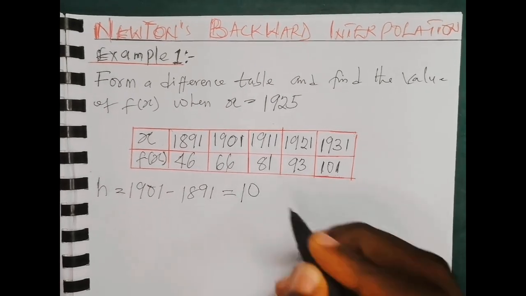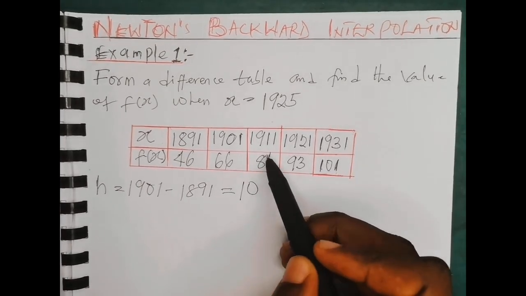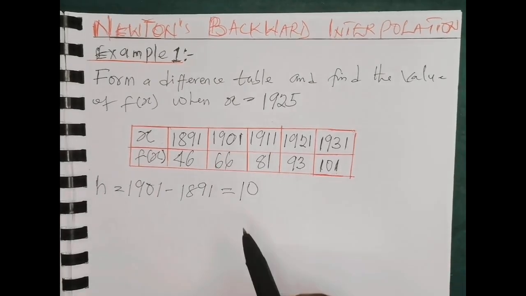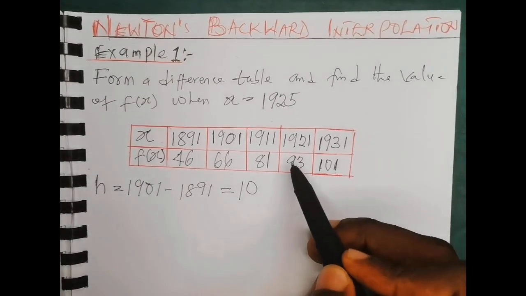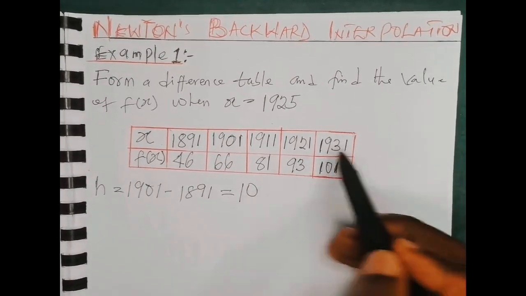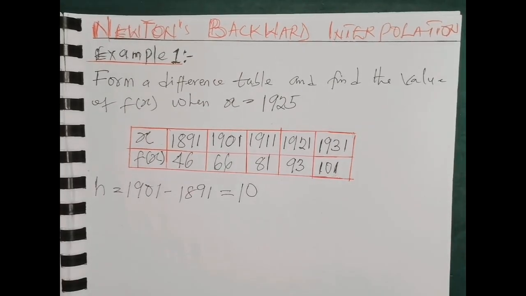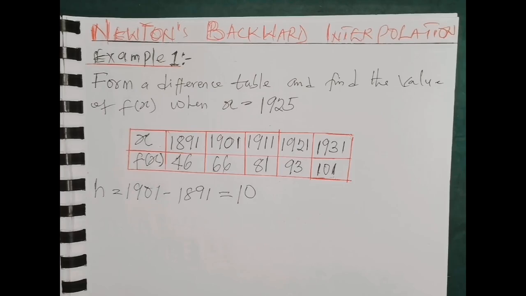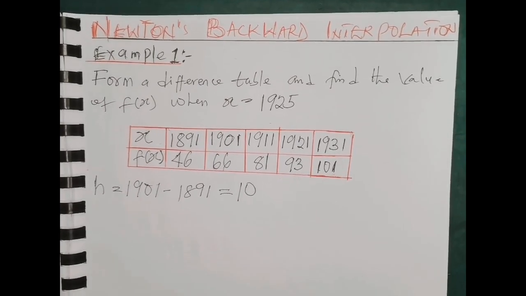So our interval here is 10. Now if you want to try again, you can punch 1911 minus 1901, it still gives you 10. You can also try 1921 minus 1911, it also gives you 10, and so on. So since the interval is consistent, it simply means that we are to employ either the Newton's forward interpolation method or the Newton's backward interpolation method.